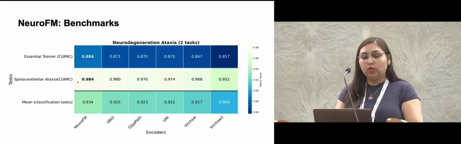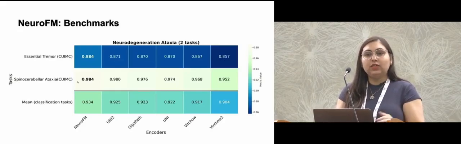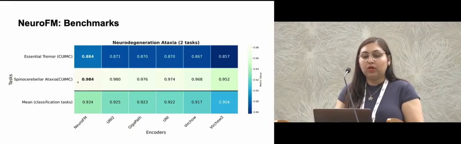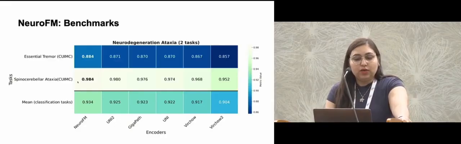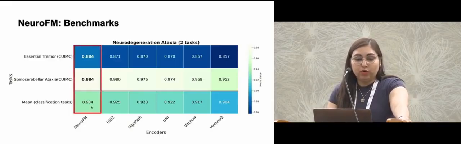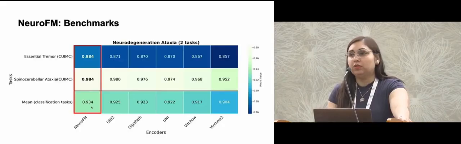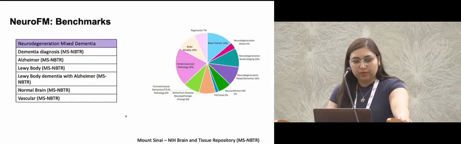The encoders are sorted in decreasing order of AUC. So the bottom left encoder means the model performed well for all the tasks I'm listing for one disease category here. So here we saw that NeuroFM did better for both of these tasks, and overall the AUC was 0.934 in comparison to other general purpose pathology foundation models.